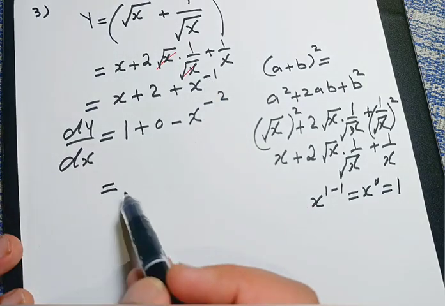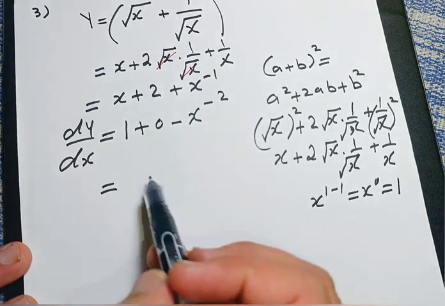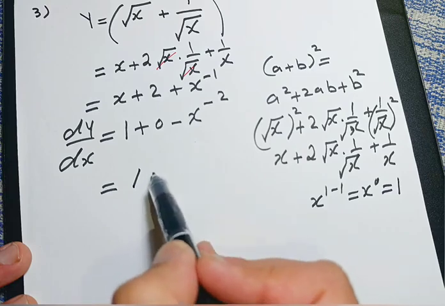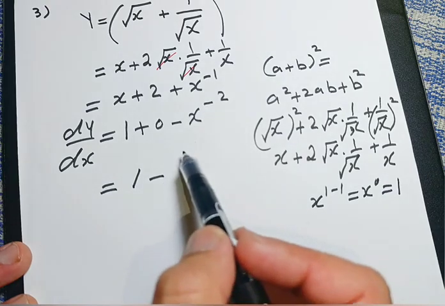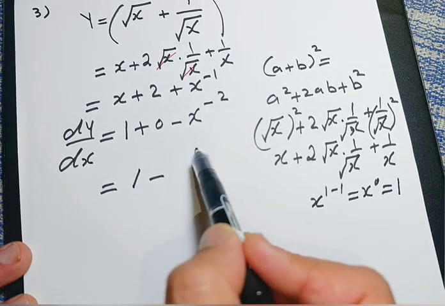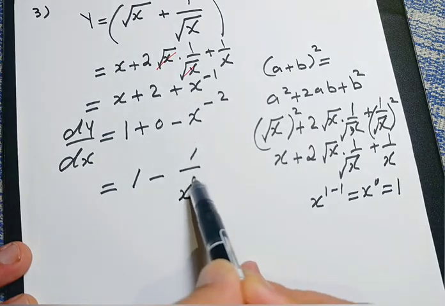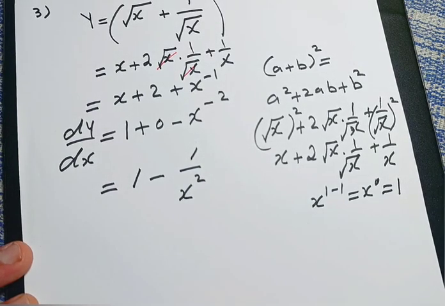So therefore, the answer is going to be 1 minus, I have to pull it down to make it a positive exponent, so it's going to be 1 over x power 2. So this is my final answer.